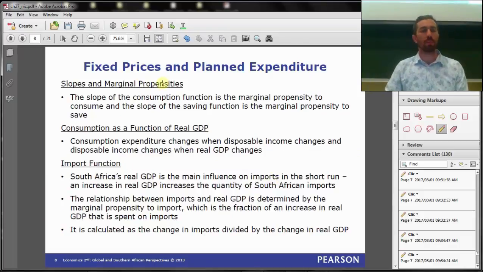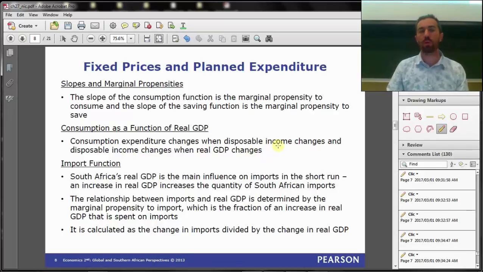So the slopes and the marginal propensities. The slope of the consumption function is the marginal propensity to consume. The slope of the savings function is the marginal propensity to save. Obviously, consumption expenditure changes when disposable income changes, and disposable income changes when real GDP changes.